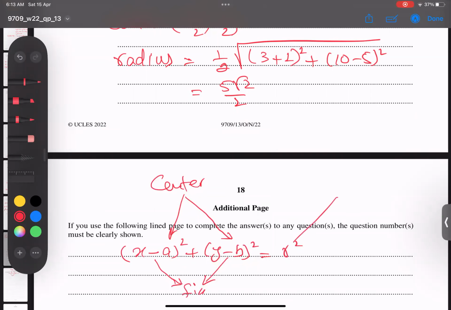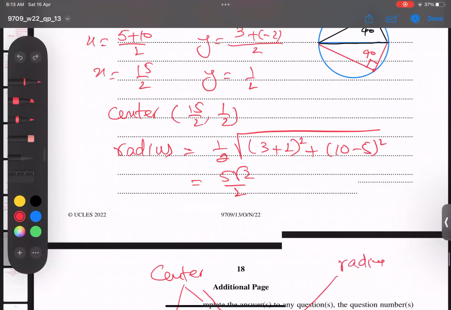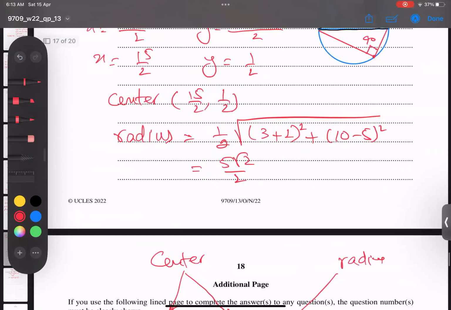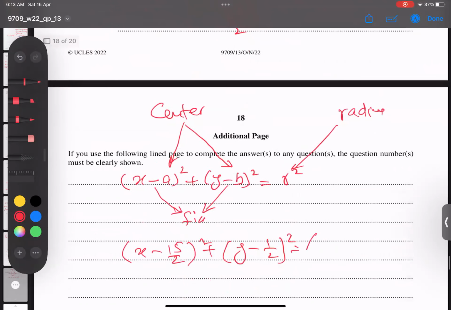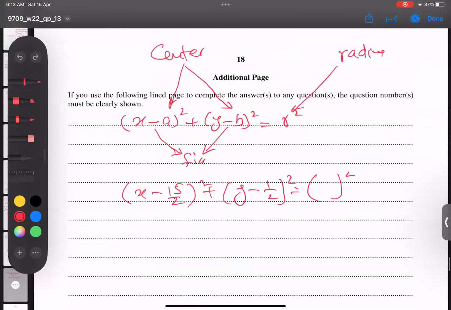And this is called the radius. So I'm going to plug in. The center is 15 by 2, 1 by 2. So x minus 15 over 2, y minus half, and radius square. The radius is 5 root 2 over 2.